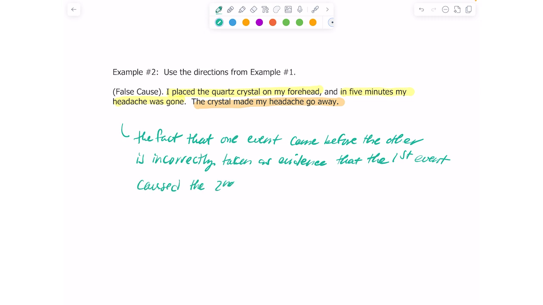And just like appeal to popularity has a certain form, so does false cause. So it basically is like in this form, A, we'll call it event A, came before event B. So therefore, A caused B. And we know that that's not necessarily the case.